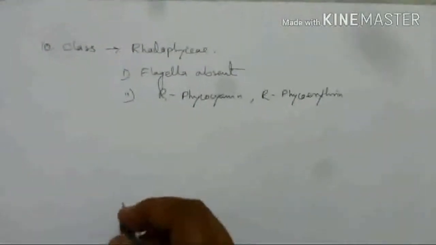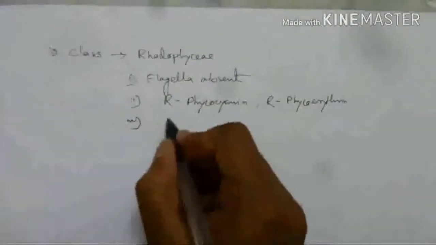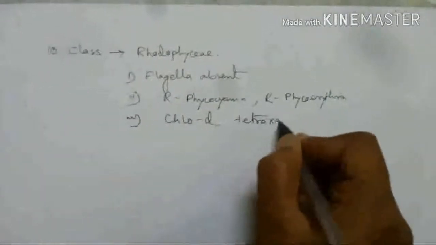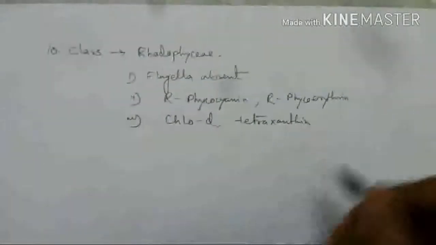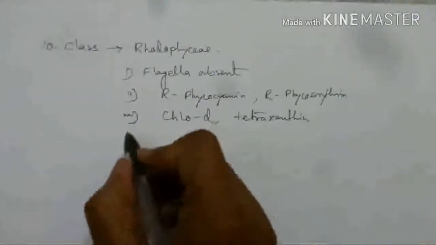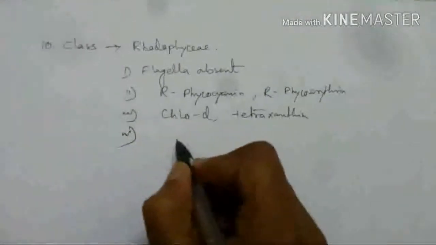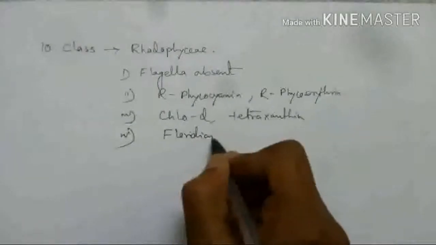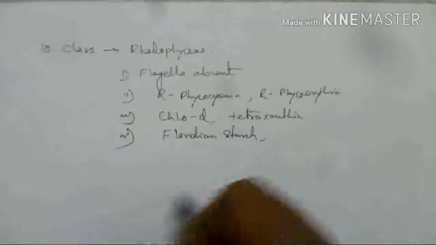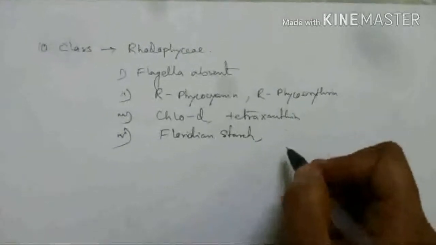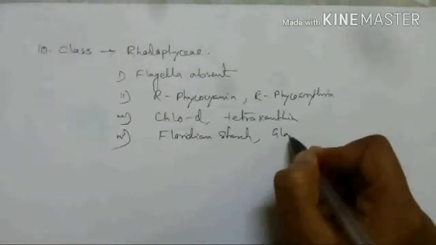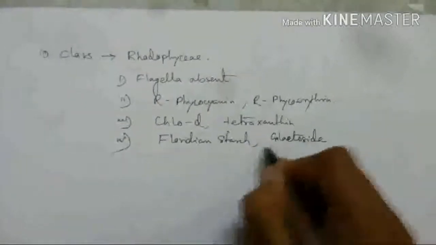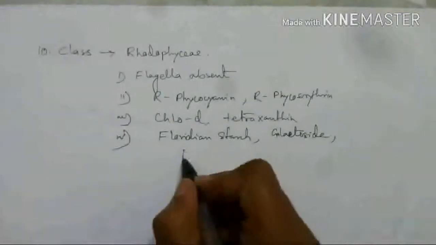Chlorophyll D, carotenoid, and tetraxanthin are found, and the storage food products are Floridean starch, galactoside and floridoside.